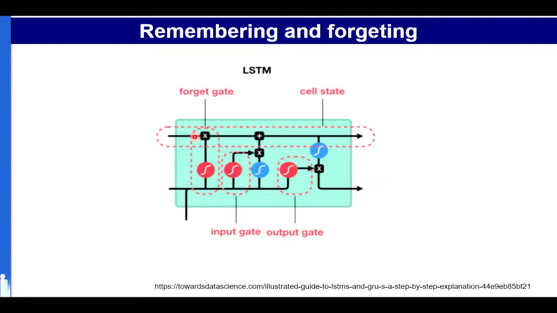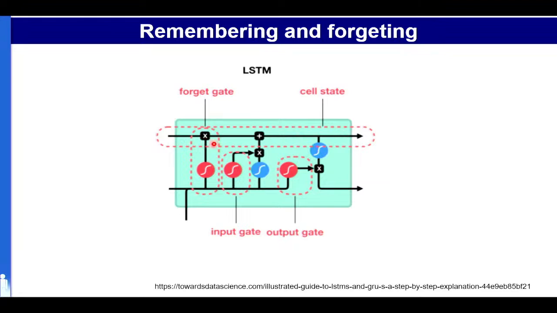What you have here is a combination of data from previous states, where you use different functions, like a hyperbolic tangent, to define what you're going to remember for the future, with the remember gate, and also use a sigmoid to define what you're supposed to forget.